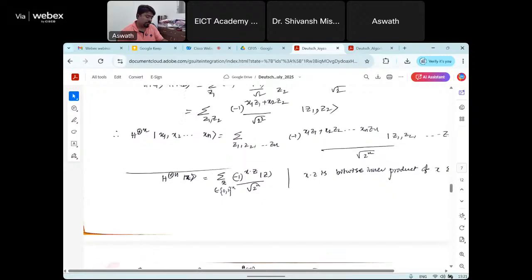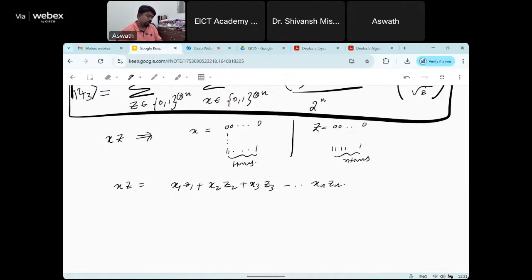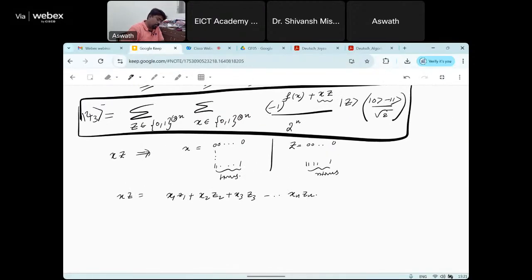So that means here also, x into z is just like a two vector product.